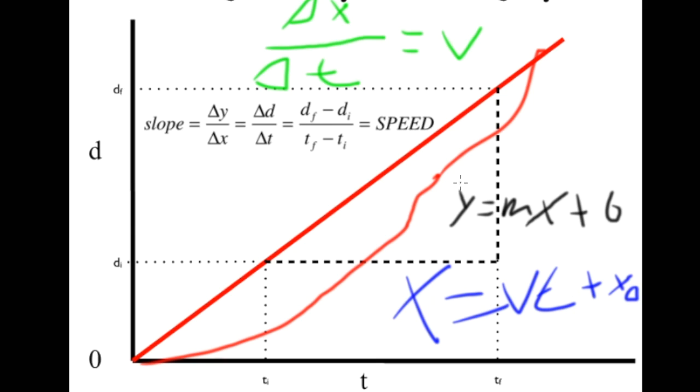X is the time, y is the position, and the y-intercept is the starting position. And this makes sense because if you went through here and then came up here, the 2 points you would take are this right here and then this one to find the slope. And this is the starting position because you have to take these 2 points to find the slope, which makes sense.